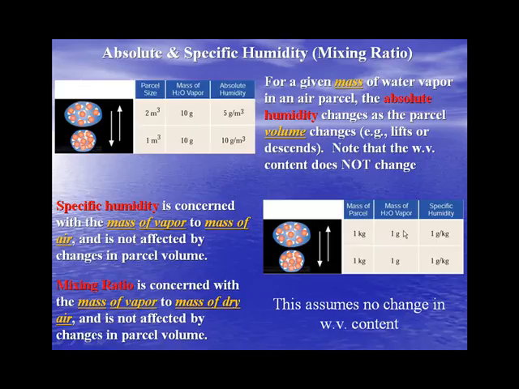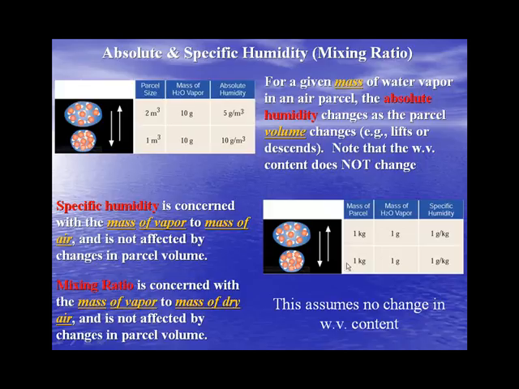It has 1 gram of water vapor, and the mass of the air parcel, this entire air parcel, is 1 kilogram. And according to our formula, it's the mass of water vapor divided by the mass of air. And so 1 gram divided by 1 kilogram gives us 1 gram per kilogram. Now, if this would have been 10 grams instead of 1 gram, the specific humidity would have been 10 grams per kilogram, because we're comparing the mass of water vapor to the mass of the air parcel.